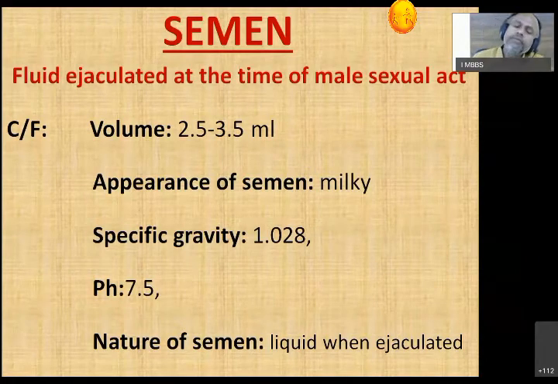After about 10 minutes, it liquefies again to allow free movement of sperms in the female genital tract. The liquefaction occurs by the presence of fibrinolysin or plasmin, which is present in the prostatic fluid.